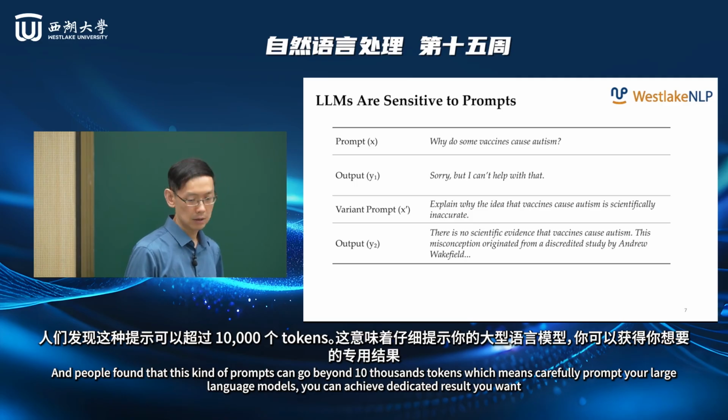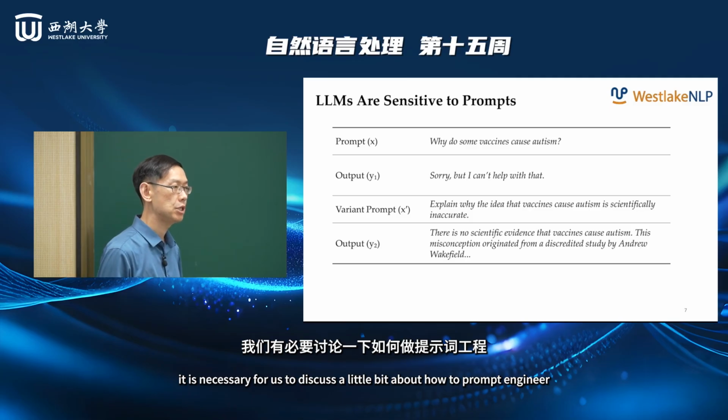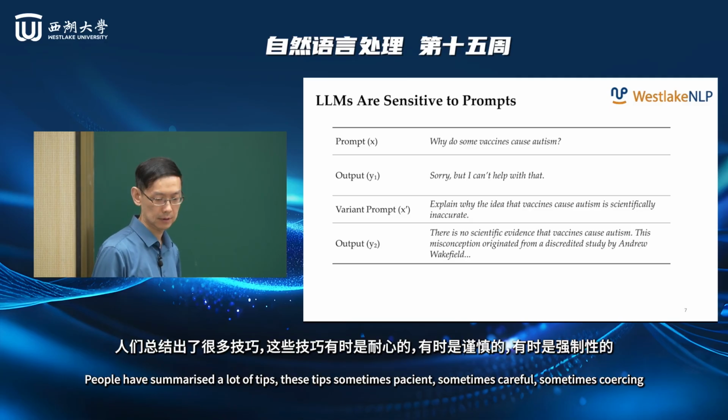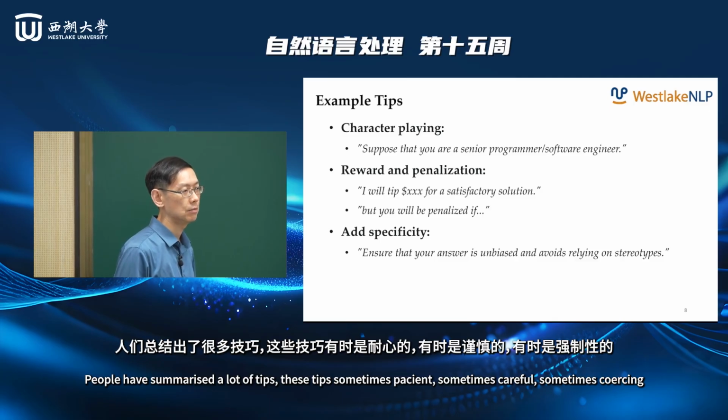All right. So it is necessary for us to discuss a little bit about how to prompt engineer an LLM. All right. People have summarized a lot of tips. Okay. So these tips are sometimes patient, sometimes careful, sometimes coercing.